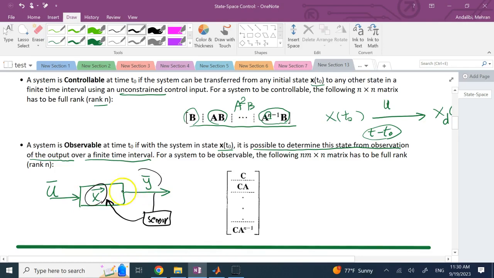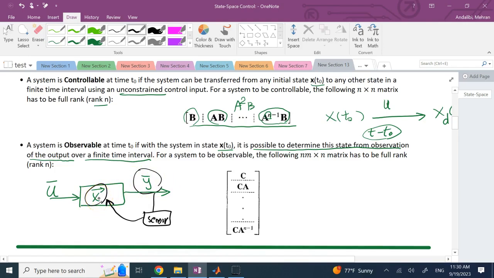So if I know y, I can get the values of x. To calculate the values of x at any point, all I need is to look at y over a short interval and determine the states of the system.